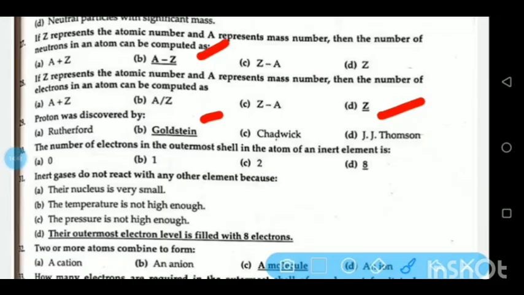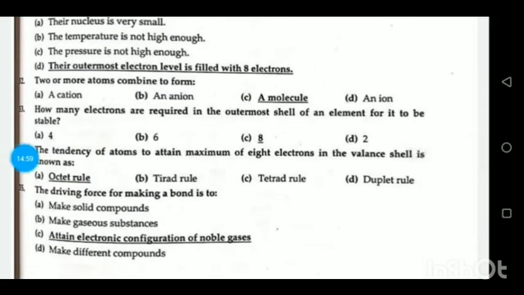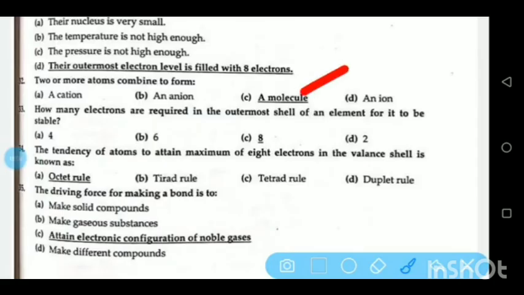The number of electrons in the outermost shell in the atom of an inert element is 8. Inert gases do not react with any other element because their outermost electron level is filled with 8 electrons. Two or more atoms combine to form a molecule.